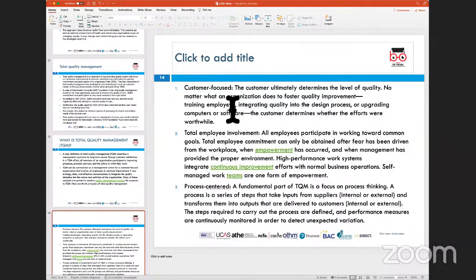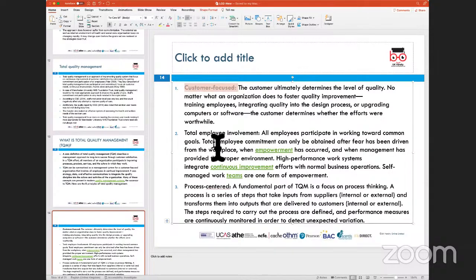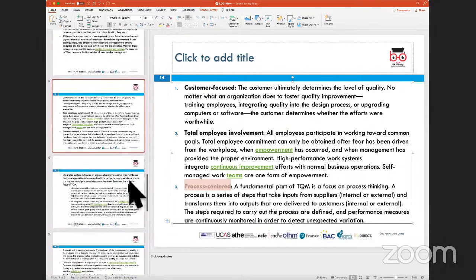These include customer focus, total employee involvement, and the processes which have to be followed. So the improvements, when we look at implementing these policies, are focused on the process side of things.